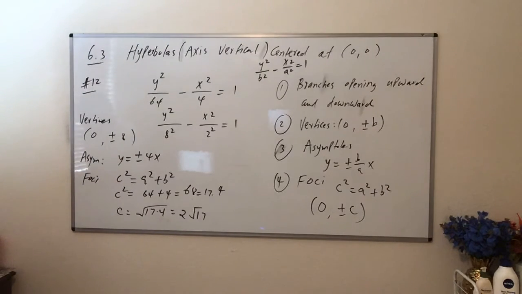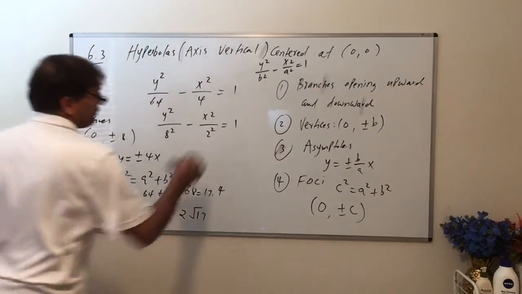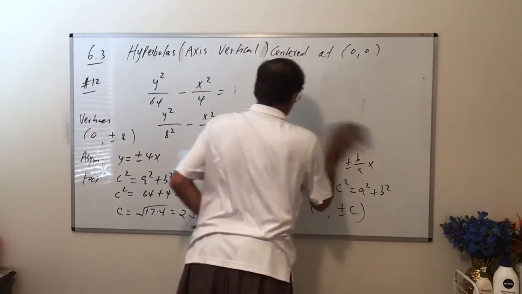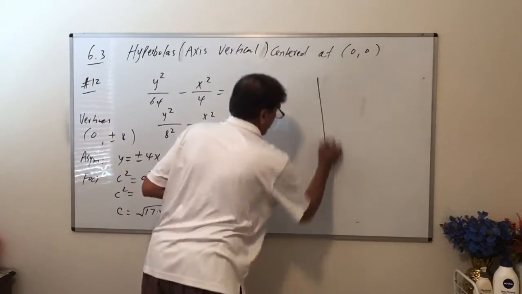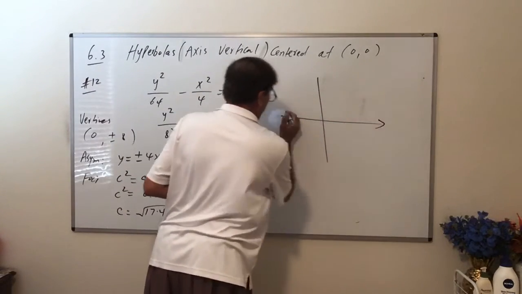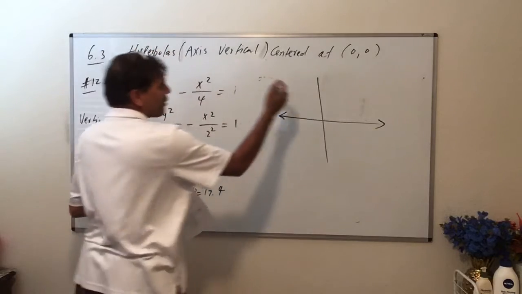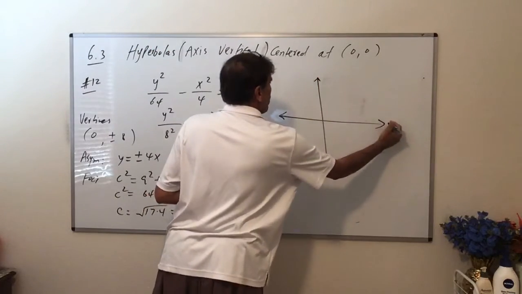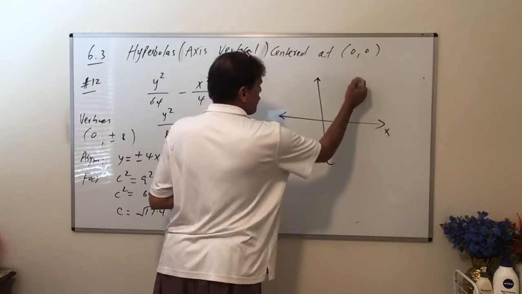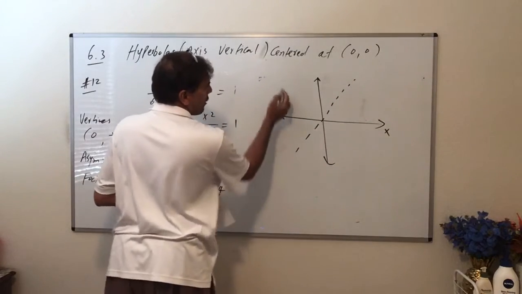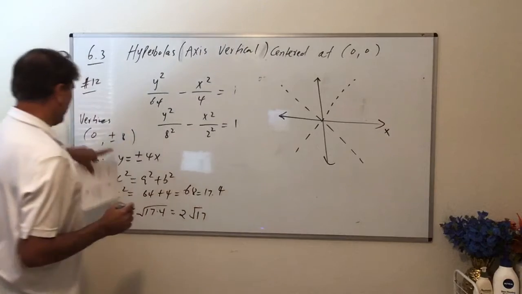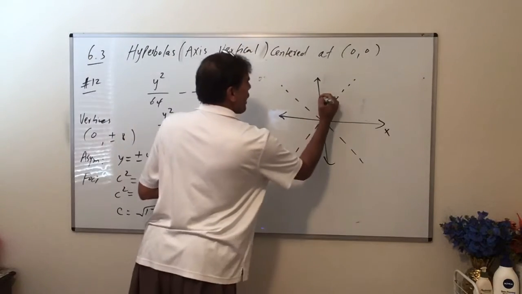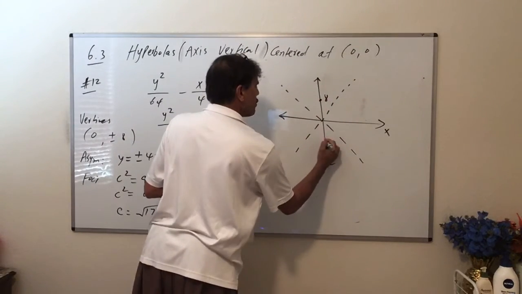So here's how you graph it. We know the axis is the vertical axis. Make sure you plot the asymptotes first, which in this case are plus and minus 4x. Then the vertices, (0, 8) and (0, negative 8).